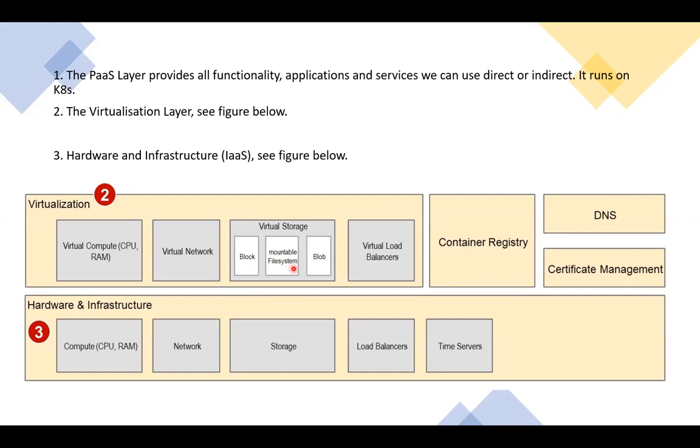Mountable file system is nothing but it's an SFTP kind of, and blob it's a media and graphical or geographical something. So all these types of storage will be there in blob.